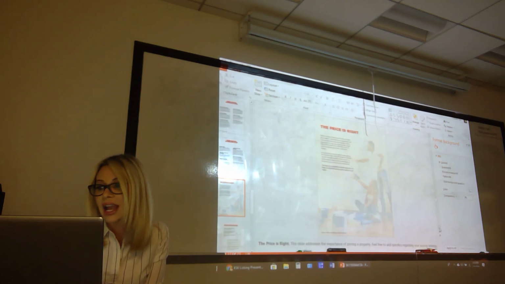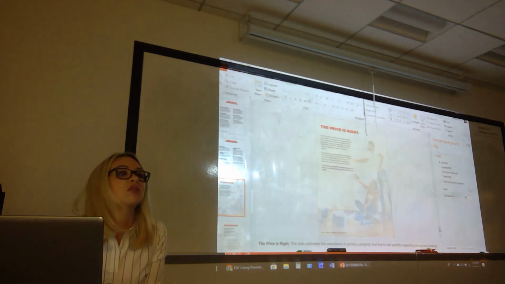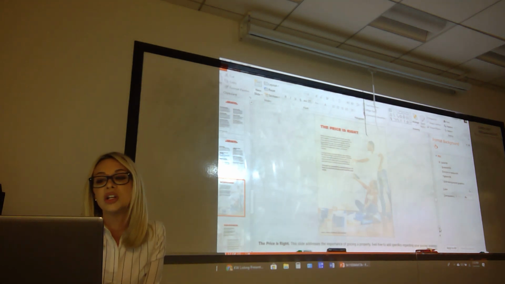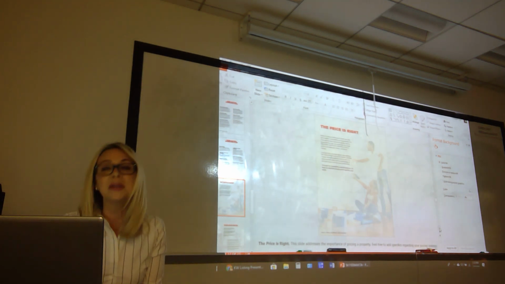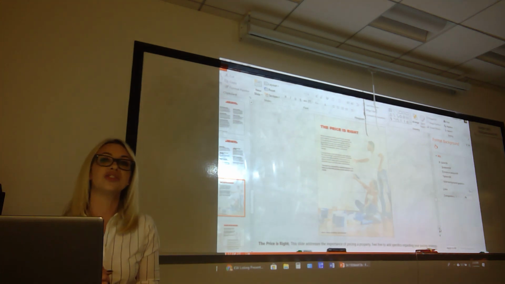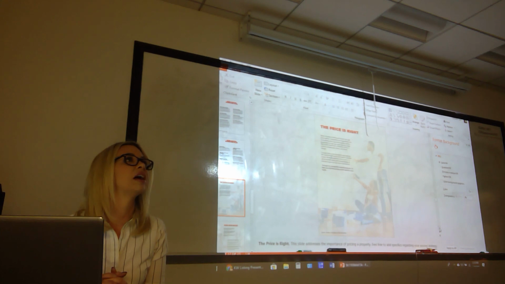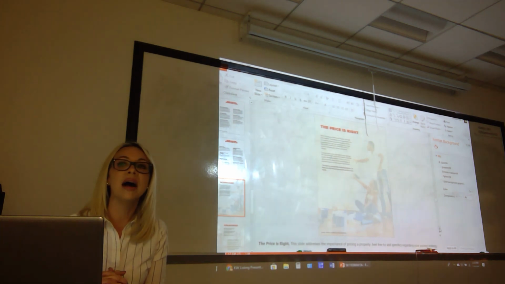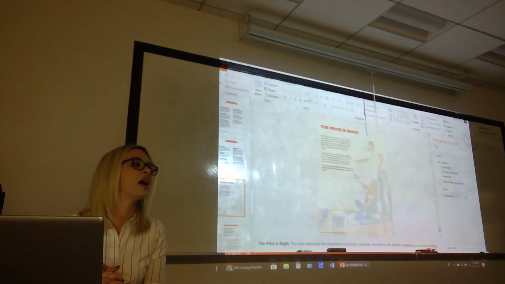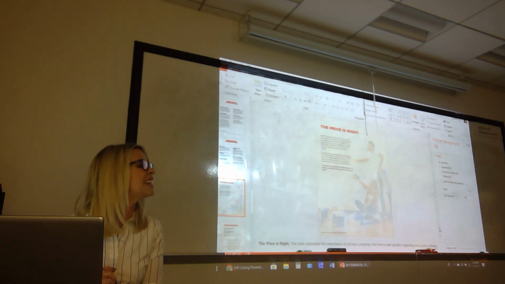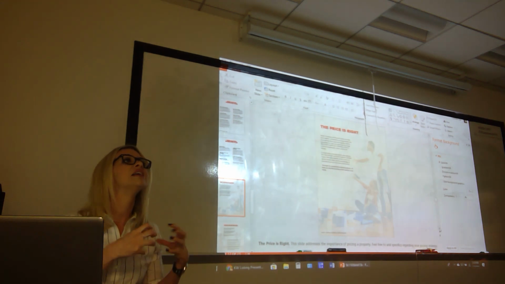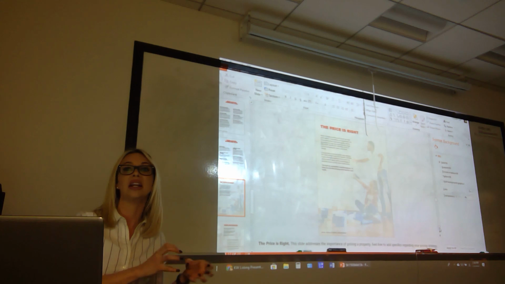So the price is right. If you are doing a great job with your CMA, you may or may not want to include a page like this. I probably wouldn't use this page. I would probably use a page from CAR or NAR about pricing, because it has recent and relevant stats, and I think it even gets into the nitty-gritty, like certain cities and maybe even niche market areas.